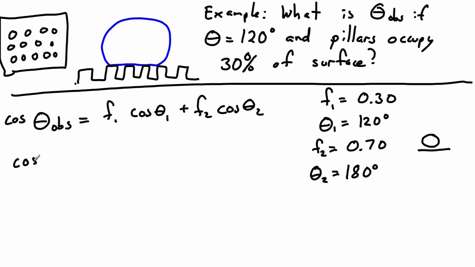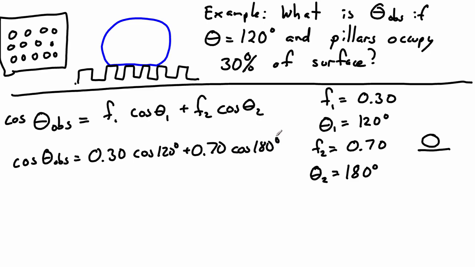So we can say cosine of theta observed is equal to 0.3 cosine of 120 degrees plus 0.70 cosine of 180 degrees.